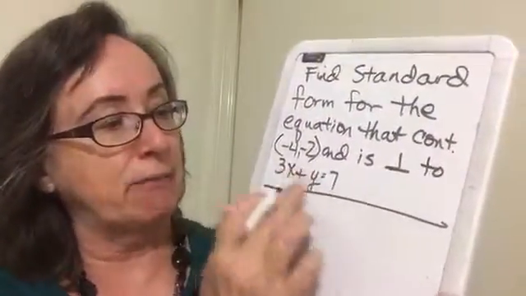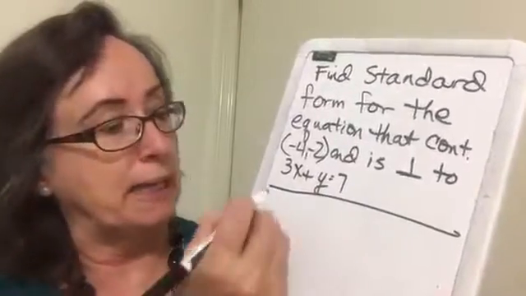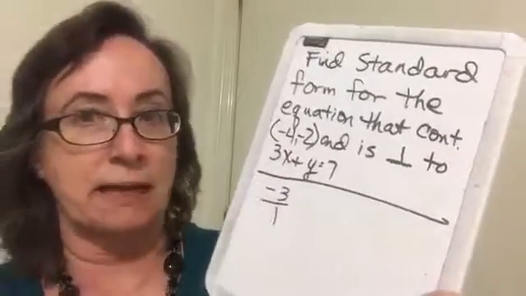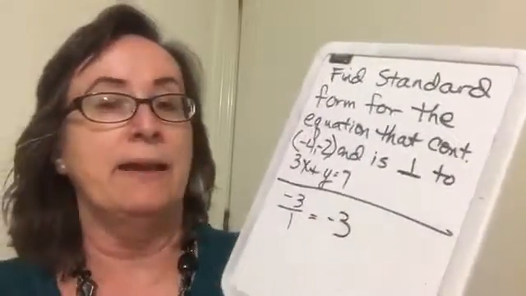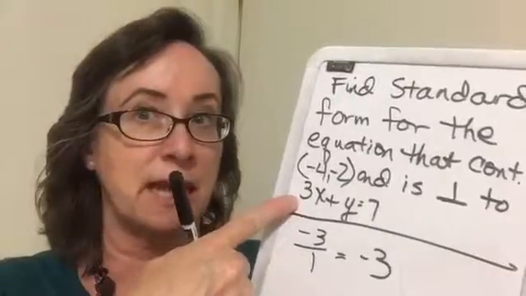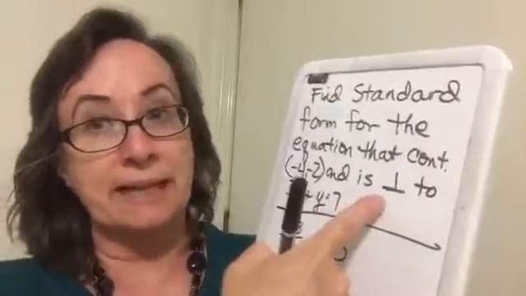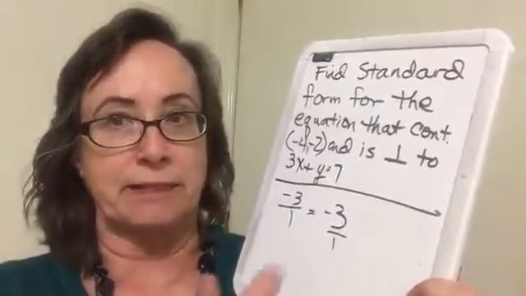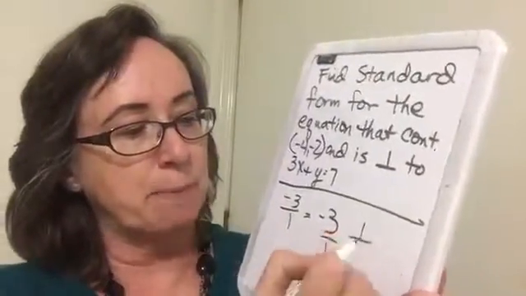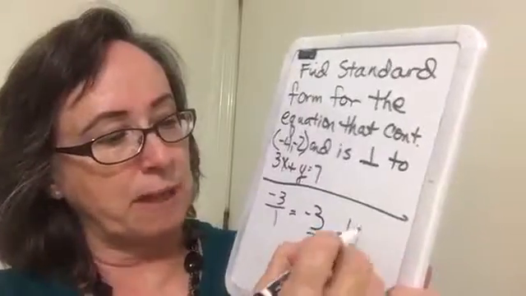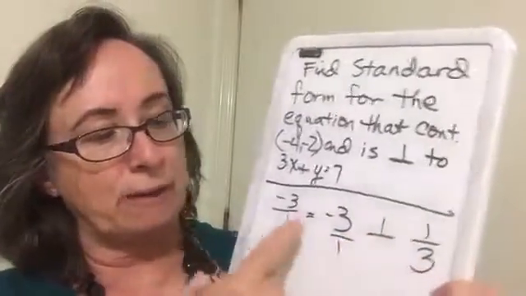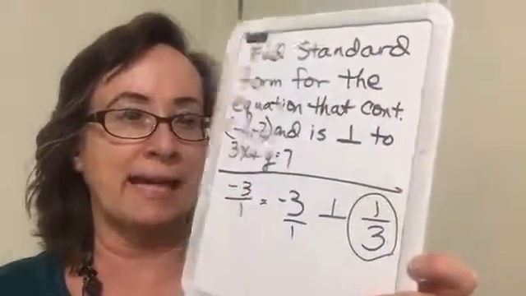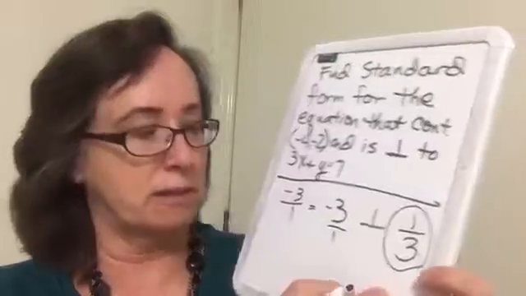So we look at this line right here, we say, okay, negative a over b is -3 over, since there's nothing there, it is a 1, so -3 over 1 is -3. That is the slope of the reference line here. So the perpendicular slope will be flipping that over, and remember there's a 1 underneath it, so perpendicular is going to be 1 over 3 with a positive sign. So I flip it over, and that is my desired slope.